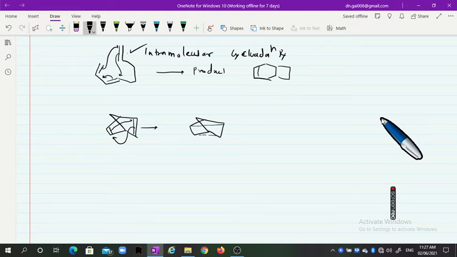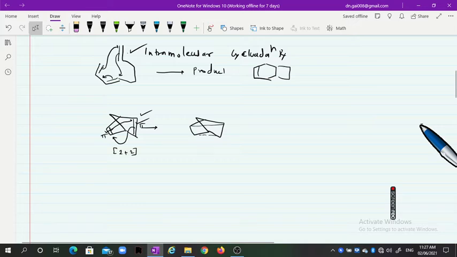Therefore, addition of 2 plus 2, two electrons are added to these two electrons. The first pi bond is added to the second pi bond, therefore it is a 2 plus 2 intramolecular cycloaddition reaction, because the addition of the unsaturated systems or pi systems appears within a molecule, therefore it is called the intramolecular cycloaddition reaction.